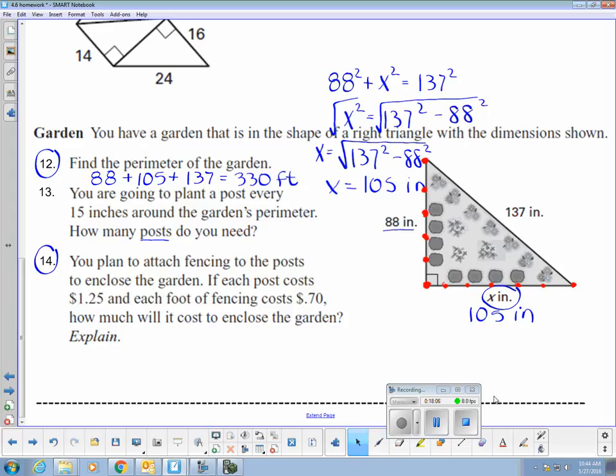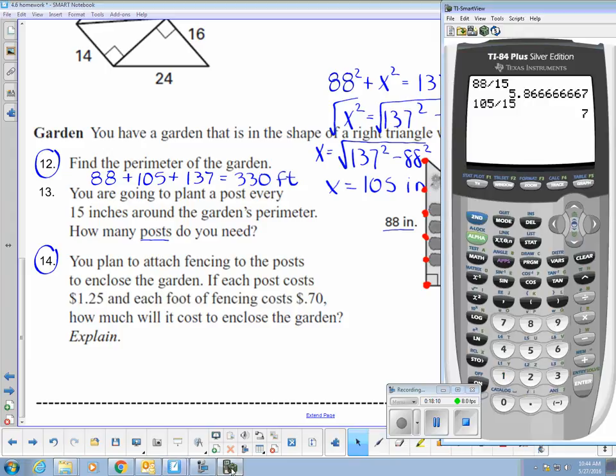And then finally the side that has 137 inches needs about 9 posts.